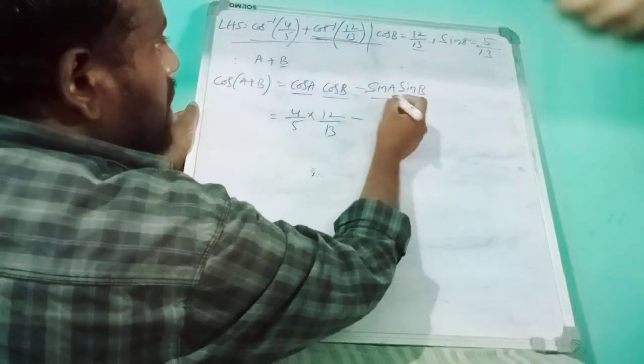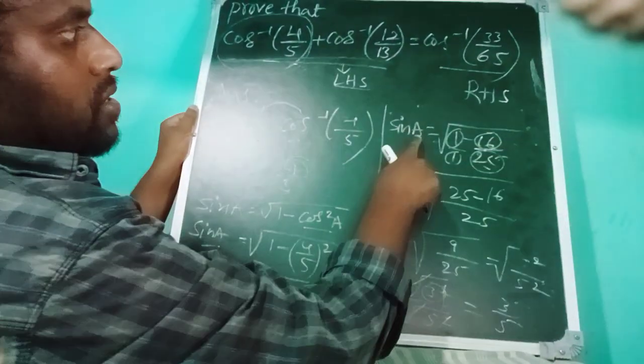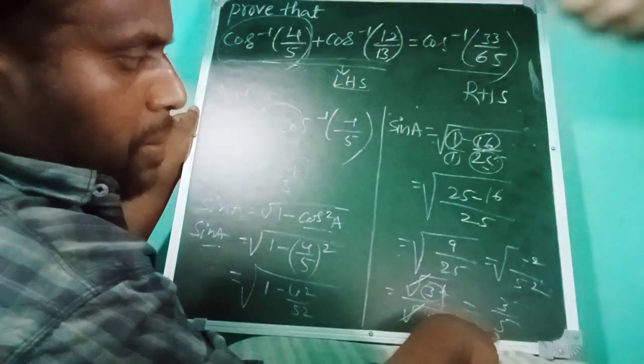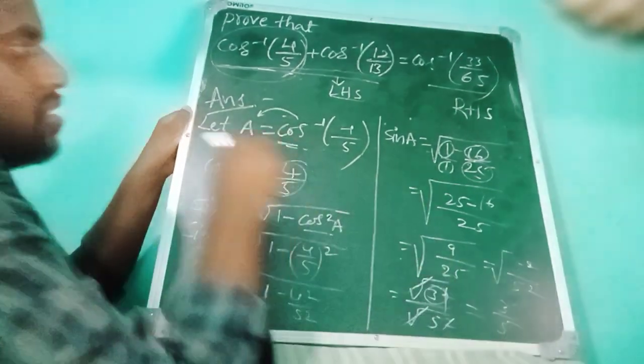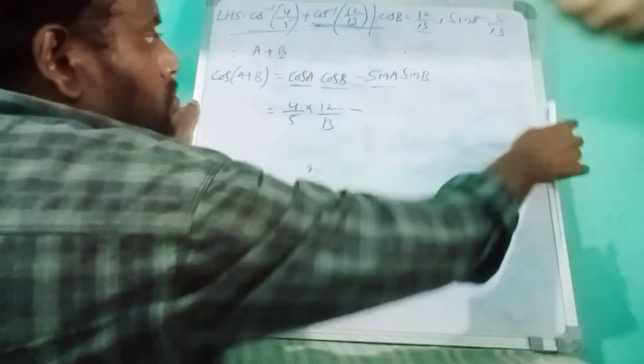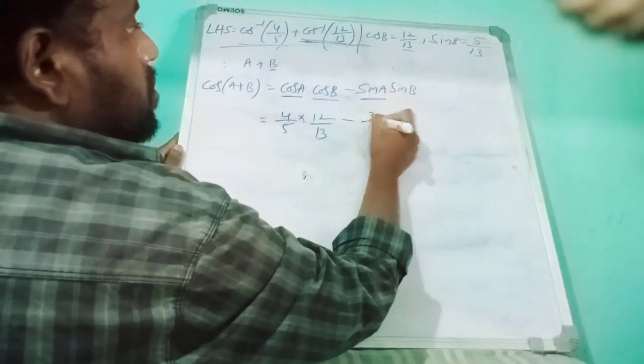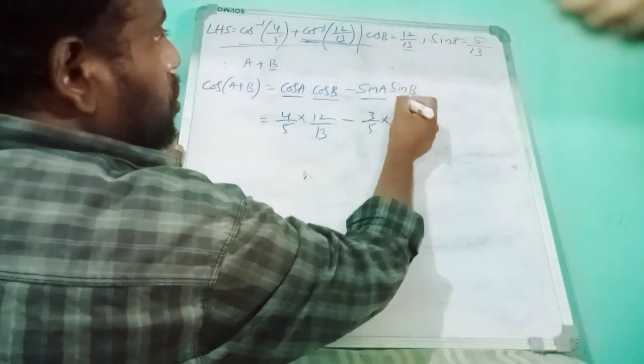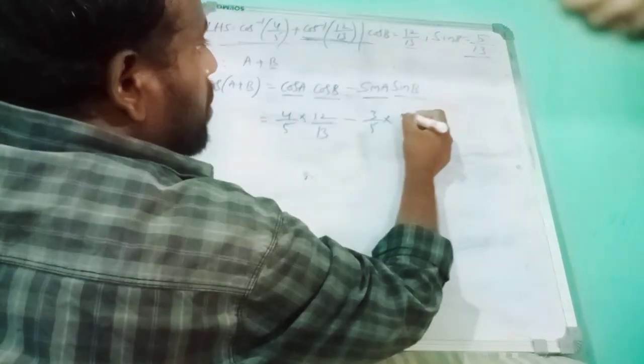So next minus sin A. Sin A is how much? See, sin A is equal to, we got this, 3 by 5. We simplified. Sin A is 3 by 5. Nothing is there means into sin B, this 5 by 13.